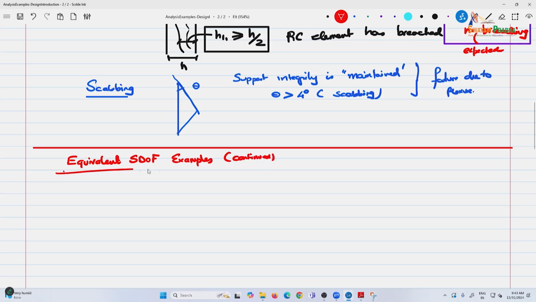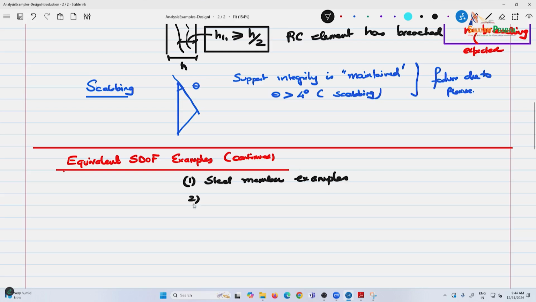Two things I'd like to do today: one, a steel member example. I'll take up a masonry example likely tomorrow. We'll do an internal vent and an internal room blast. We'll do an example on that.